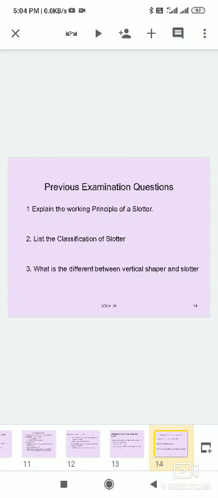Just asking, list the classification of the slotter. What is the classification of the slotter machine?